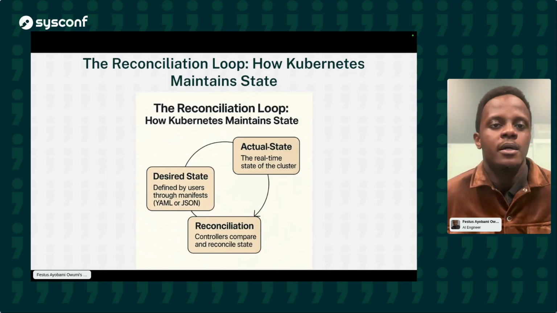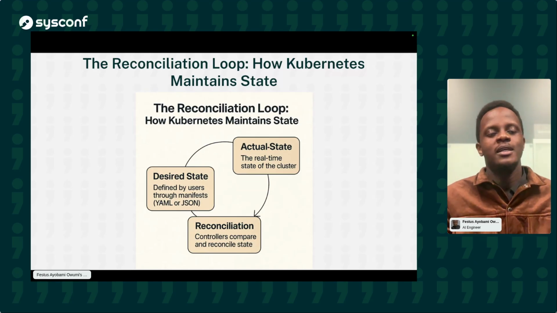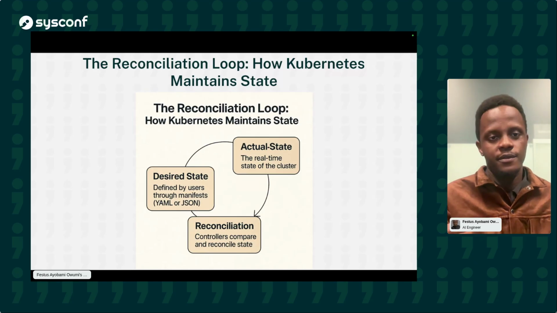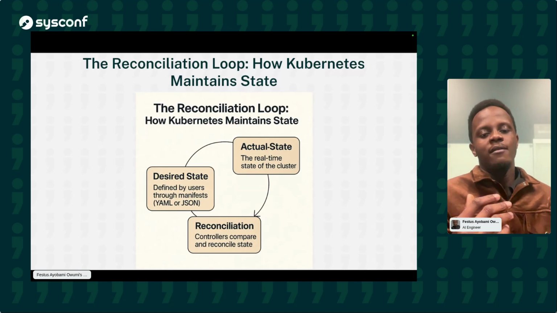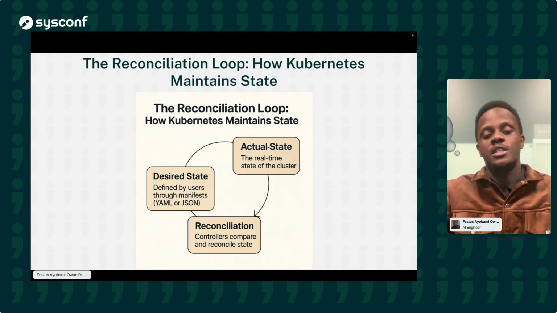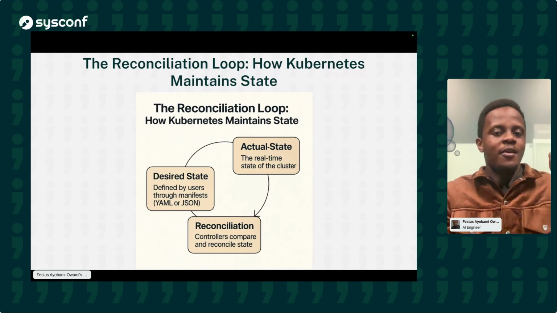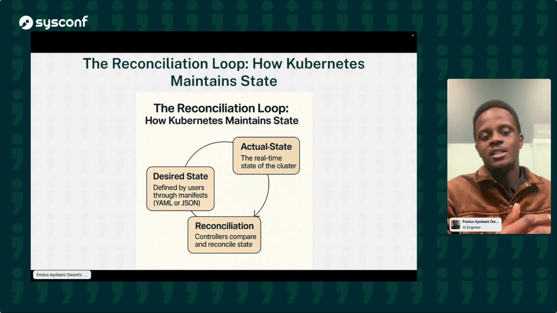The next thing I want to talk about is what is really at the core of Kubernetes. It's a very simple concept called the reconciliation loop. What's the reconciliation loop? I have an actual state, and I have a desired state that I want to get to, and all Kubernetes does is the work to get from my actual state to the desired state.